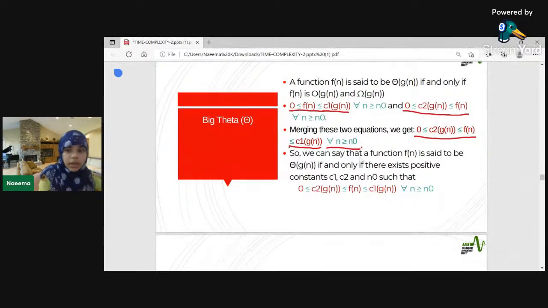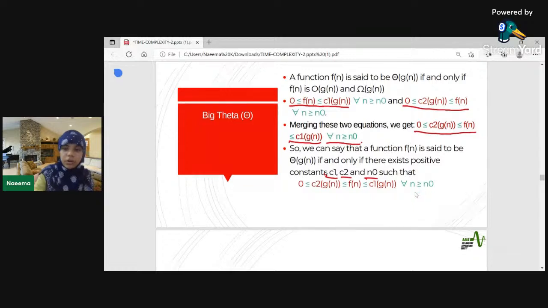So we can say that a function f(n) is said to be big theta of g(n) if and only if there exist positive constants c1, c2, and n0 such that 0 ≤ c2·g(n) ≤ f(n) ≤ c1·g(n) for all n ≥ n0.